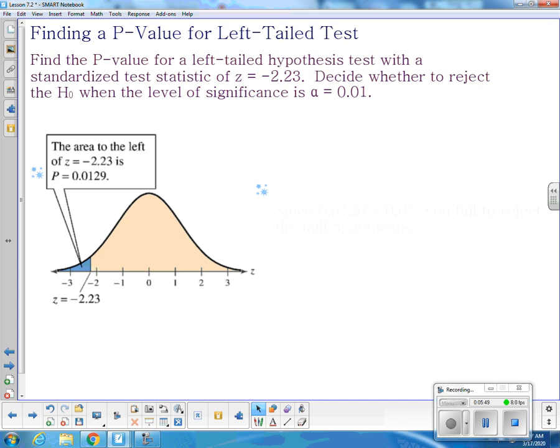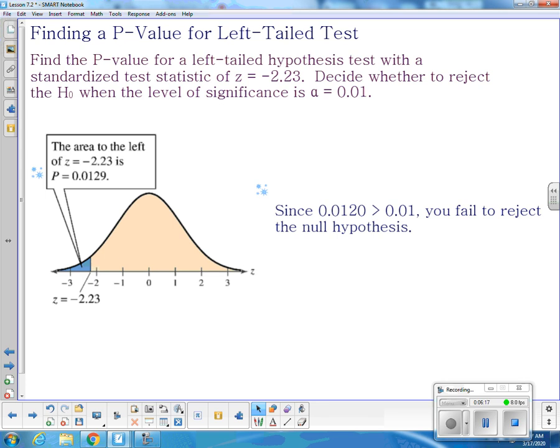So the area of this blue section is 0.0129. That is your p-value, the area that you are shading there. That is greater than our significance level of 1%, just by a smidgen. So you fail to reject the null hypothesis.